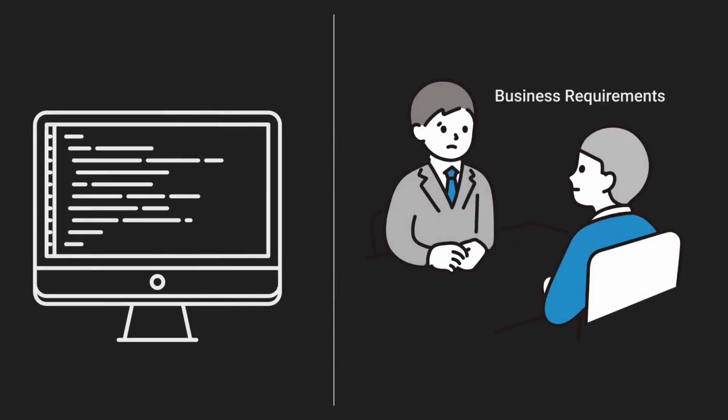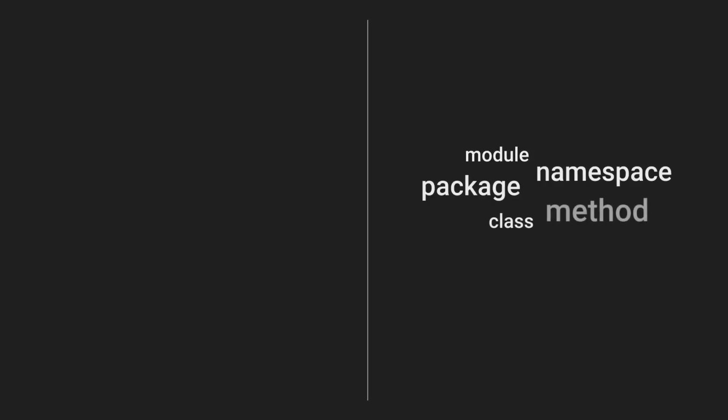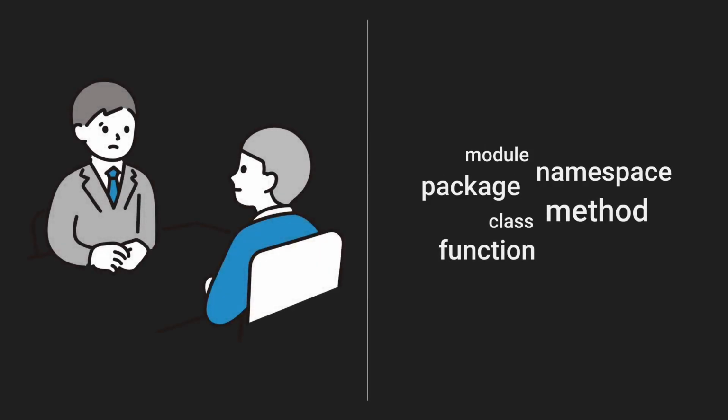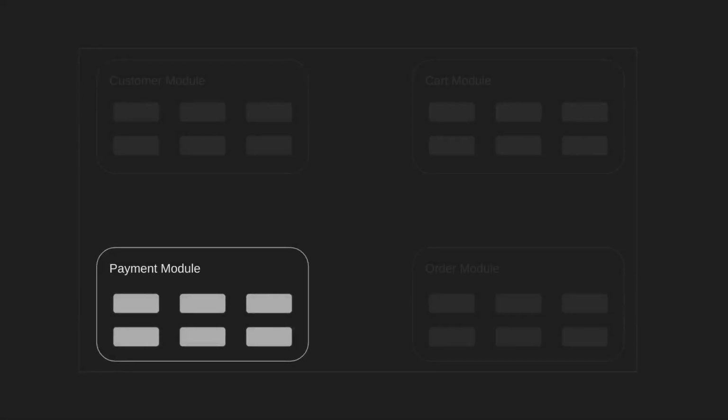Software systems are built around business requirements. Behind every module, package, namespace, class, method, or function, there is some business requirement or reason that defines its purpose. For example, the single reason behind payment module is to implement use cases related to payment.